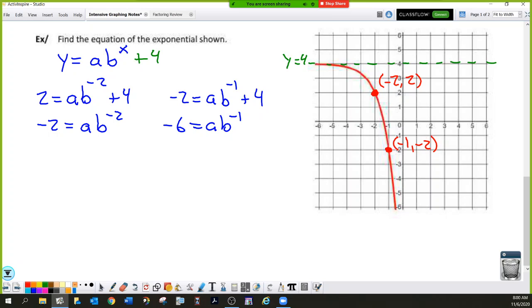I feel like that is too much work, to be honest with you. Instead, I would like you to notice that if you multiplied this equation by 3, it would say negative 6 equals 3ab to the negative 2. And this one still says negative 6 equals ab to the negative 1.